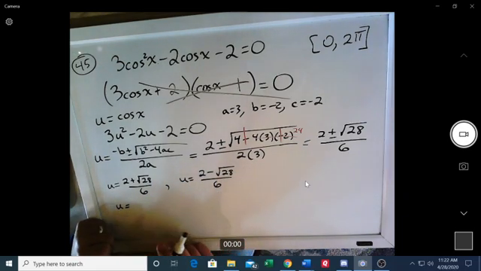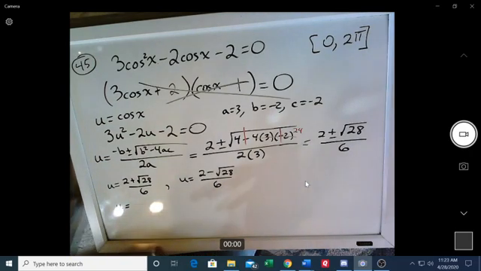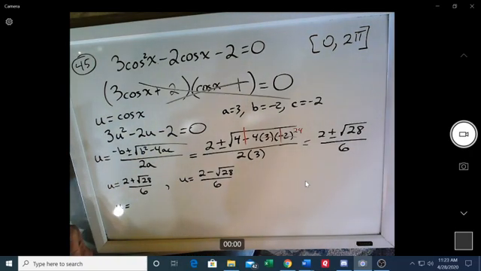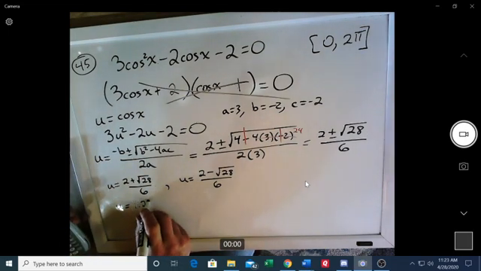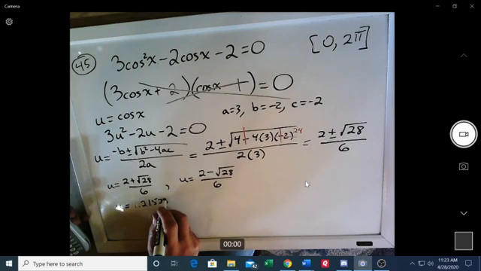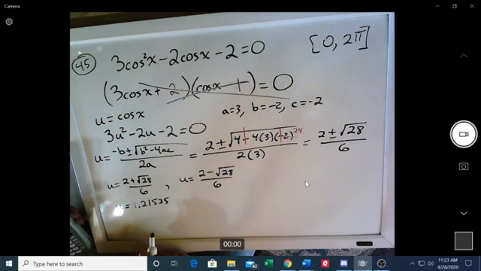Now I punched each of these out in my calculator. Plus square root of 28, I hit enter, and I divide that by 6, I'm getting 1.21525, something like this.